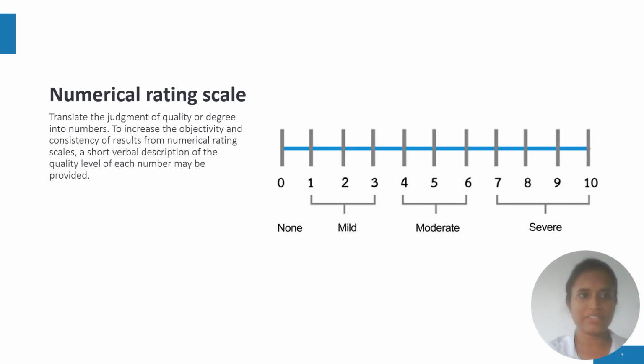A short verbal description of the quality level of each number may be provided. You can identify that from the picture in the slide. That picture describes how numeric values go as none, mild, moderate and severe.